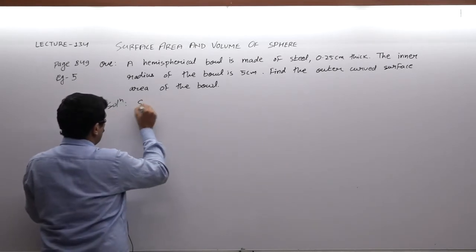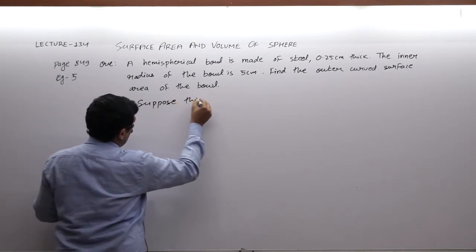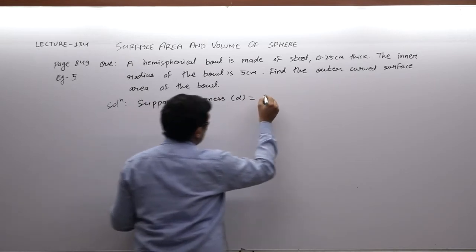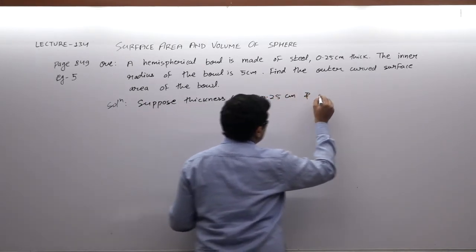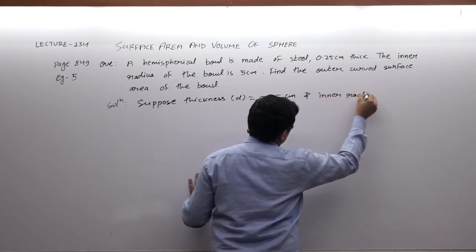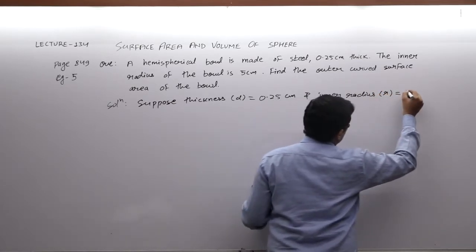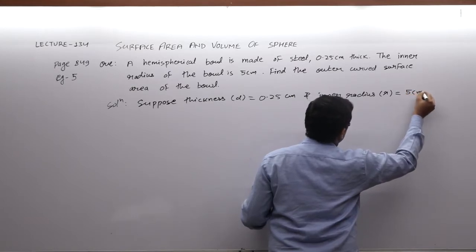So let us start. Suppose thickness d is equal to 0.25 centimeter and inner radius r is 5 centimeter. Okay, that is given.